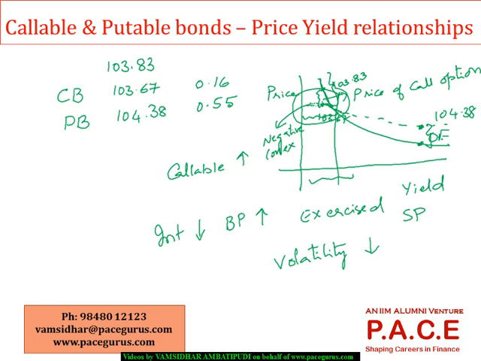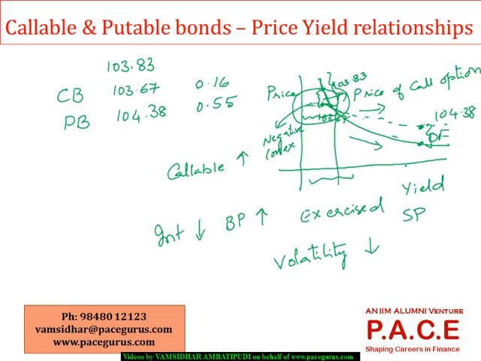The difference between these two is the price of the put option. The same logic again: the volatility is coming down because the drop is not by this much, the drop is only by a nominal extent. So even the volatility will come down in the case of a putable bond, and the gap is because of the value of the put option.